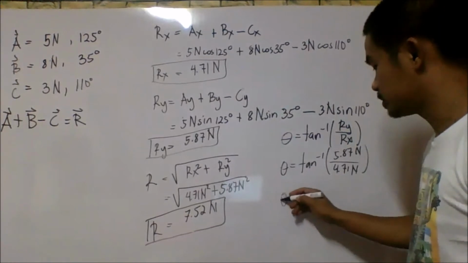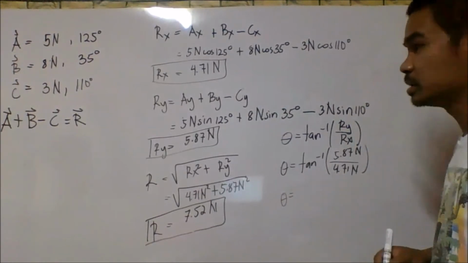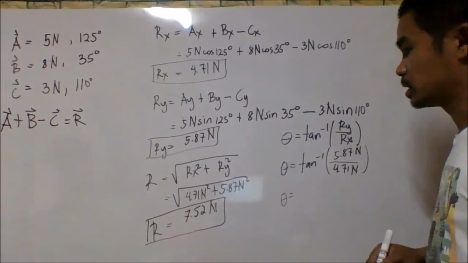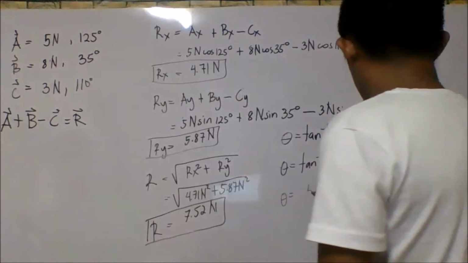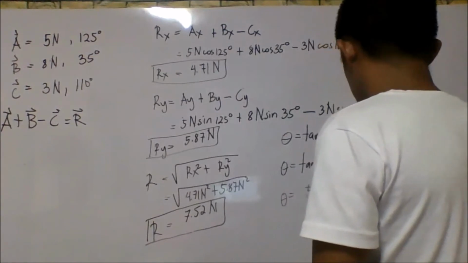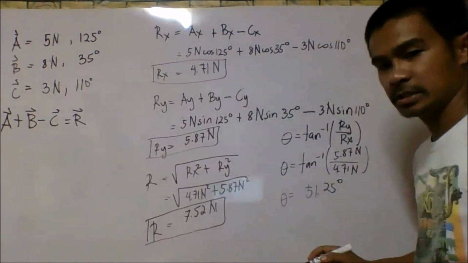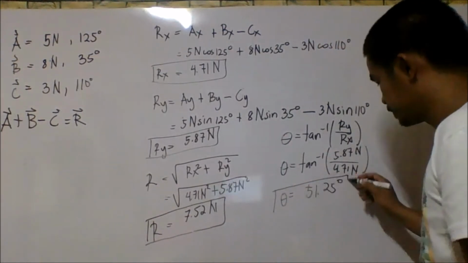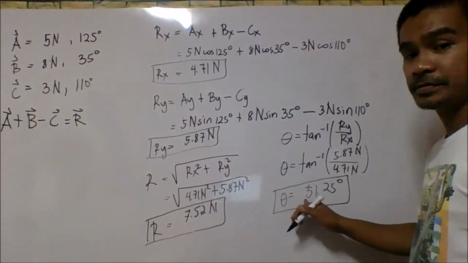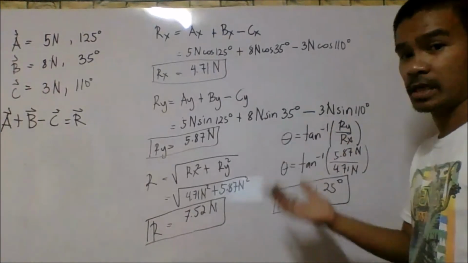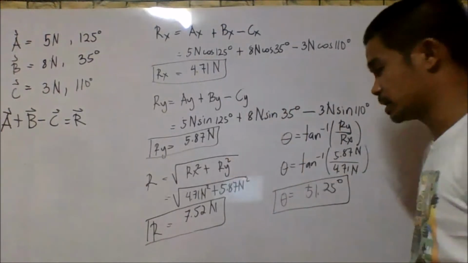Then theta as the direction is approximately equal to 51.25 degrees. So this is the direction of vector R from positive x-axis, counterclockwise direction.